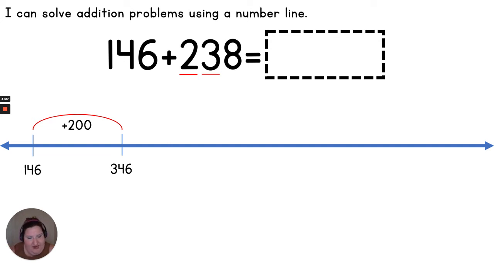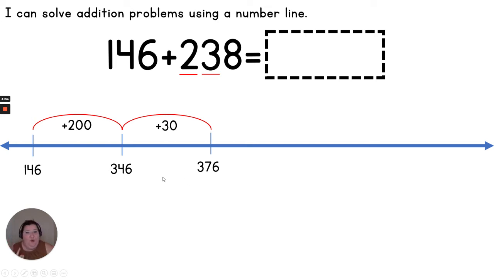Well, 4 plus 3 is 7, so that's 7 10s: 10, 20, 30, 40, 50, 60, 70. 7 10s is 70. So instead of 346, it's becoming 376.